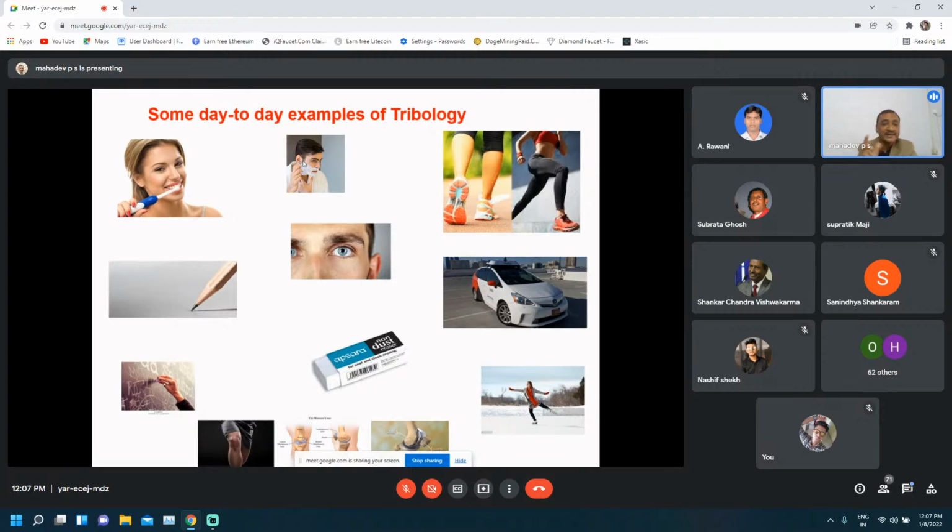The eyeball blinking in your eyes is also because of this tribology. For vehicles running on the roads, the tire coming in contact with the road needs friction. So that is also a simple application of tribology. Even the rubber eraser we use to remove things written by the pencil involves tribological applications.